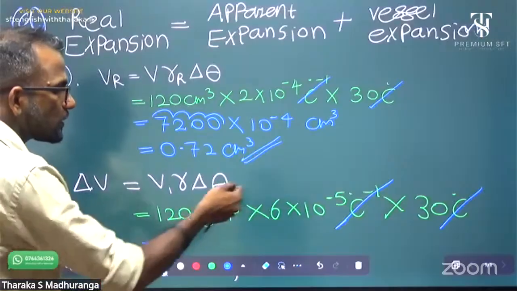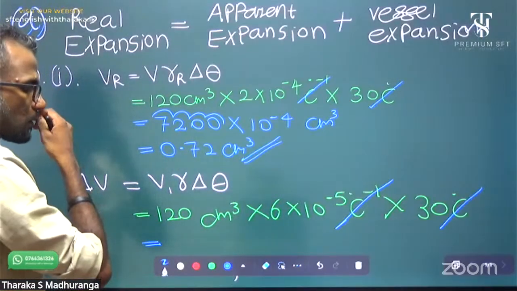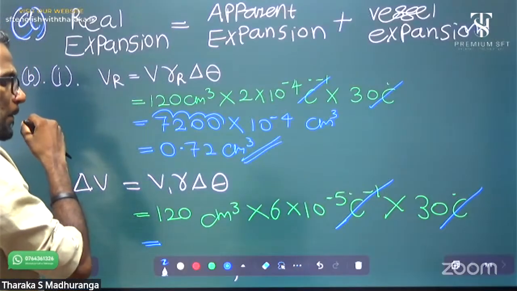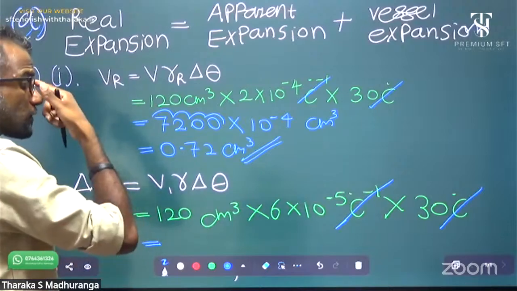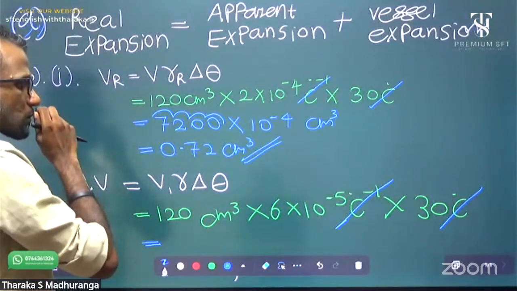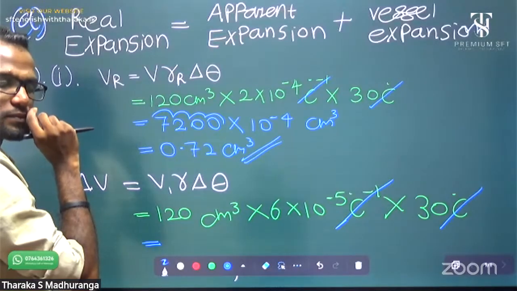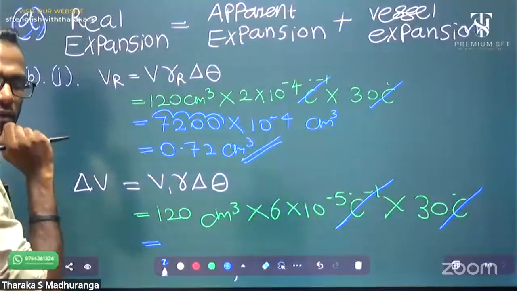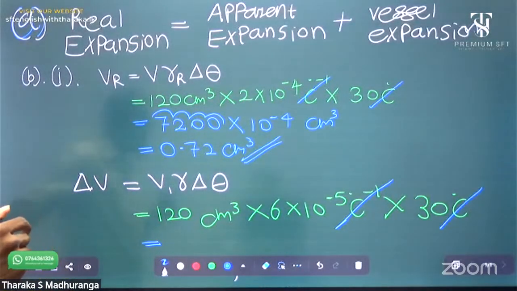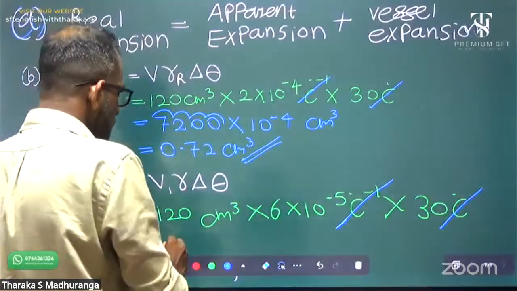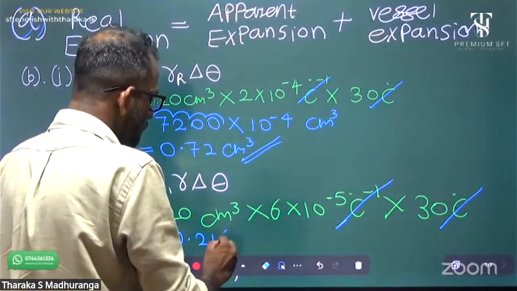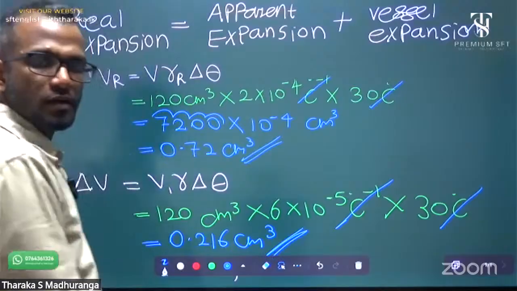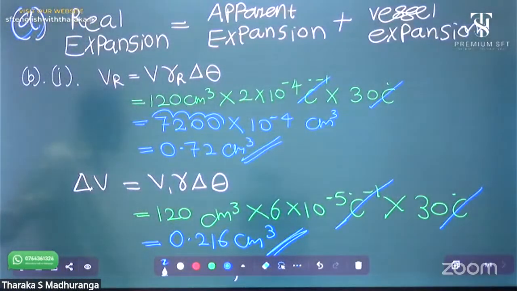Now 120 into 6 into 3, 12 into 6. What's the answer? 0.216 cubic centimeter, right? Correct? With me?